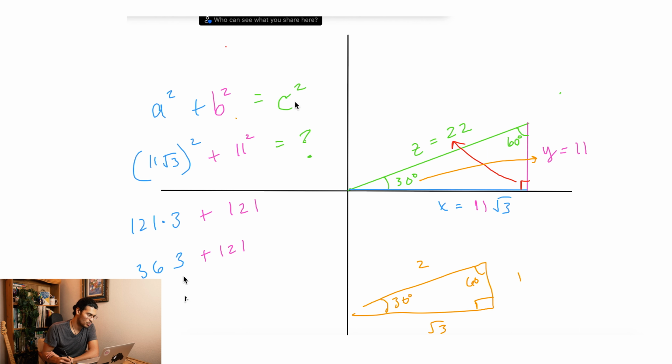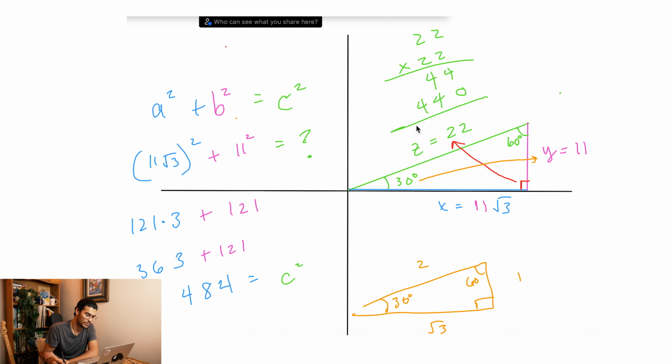But regardless, we end up with 484. 484 equals c squared. If we come over here and take 22 times 22, 2 times 2 is 4, 2 times 2 is 4, 2 times 2 is 4, 2 times 2 is 4. 484. So 22 squared is 484.